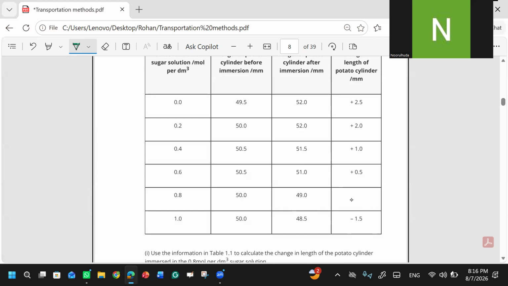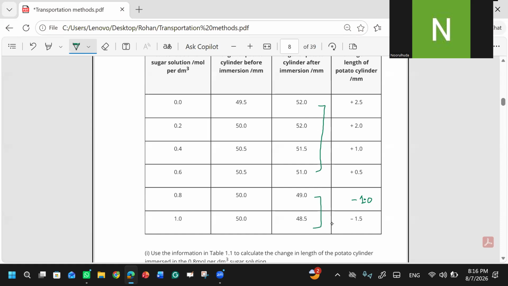I am just telling you what is happening. In the first two, in every cell there is osmosis happening, right? But in the first two, osmosis is happening in a way that water is entering, okay? In these, water is entering, but in these, water is leaving, right?